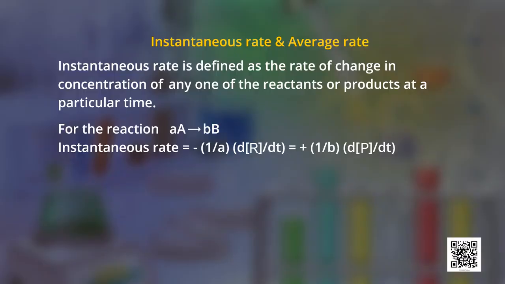Hence, mathematically for a very small time dt, we may express instantaneous rate as R instantaneous equals minus dR divided by dt multiplied by 1 upon A, equals dP upon dt multiplied by 1 upon B, where d represents infinitesimally small change.